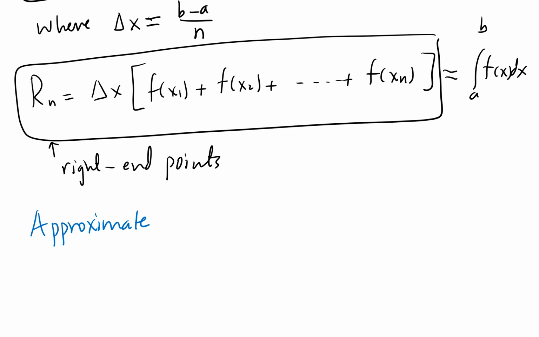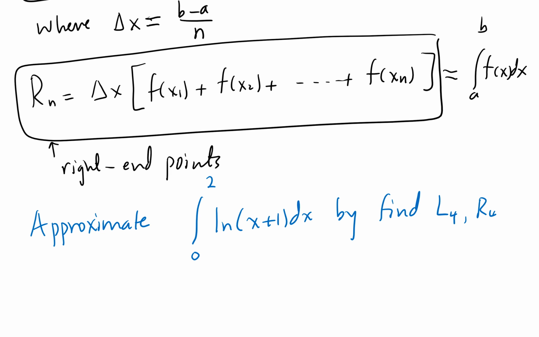And to see how this works, let's try to approximate the integral from 0 to 2 of natural log of x plus 1 dx by finding L sub 4, R sub 4, and their average.